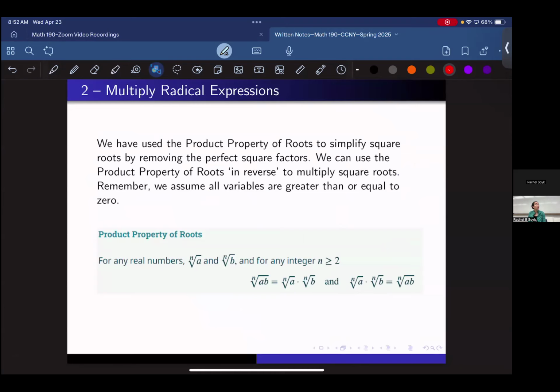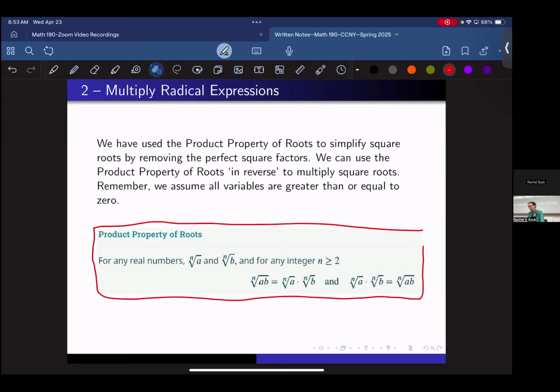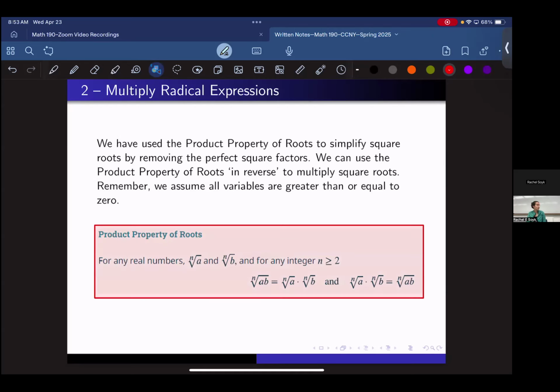Right. Let's move on to our second objective, which I personally think is a little bit easier, dealing with just multiplying radical expressions. And we have our general definition of our product property of roots, which we've covered in previous sections, but it's just to reiterate and remind you.